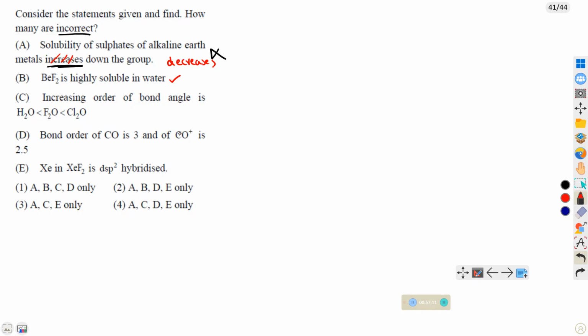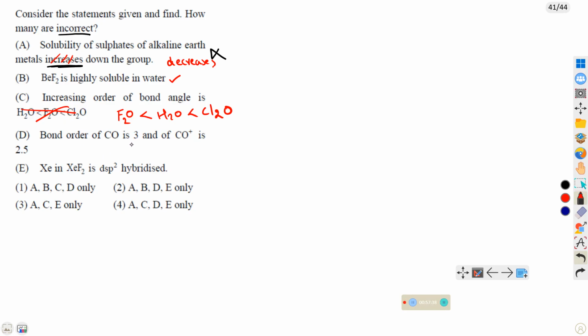This is a correct statement. Increasing order of bond angle H2O less than OF2 less than Cl2O. Wrong. The correct order is OF2 less than H2O less than Cl2O based on the hybridization.